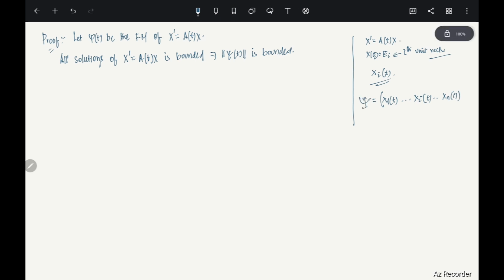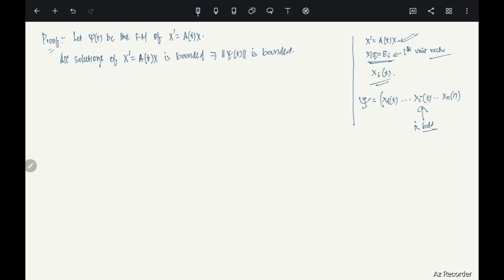Now, all solutions of this system are bounded, right? So if I am looking at a solution which passes through the ith unit vector at t = 0, that solution is also going to be bounded. So each component of the fundamental matrix Φ, which is given by x_1, x_2, ..., x_n, is bounded.